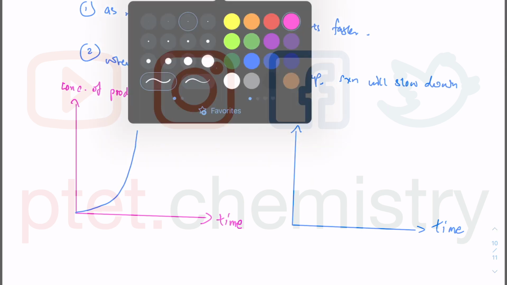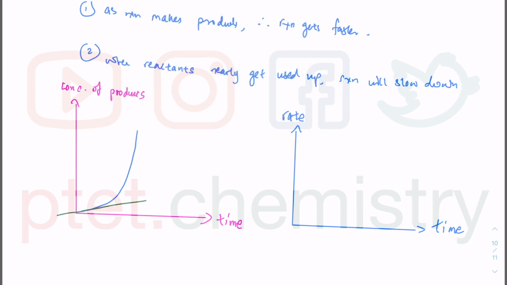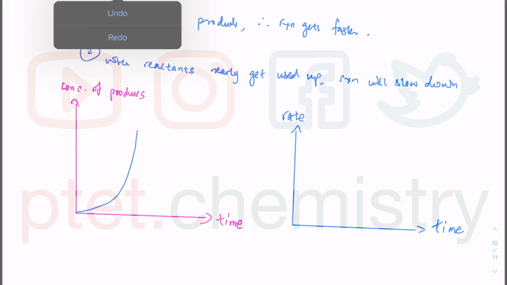Initially my rate of reaction is like this, where the change in concentration over change in time is the rate of reaction, and then I would have the rate getting faster because the product catalyzed the reaction, so it makes the reaction faster and therefore giving me more products. But towards the end, I will slow down again. Oops, I don't want that. No, I want that.